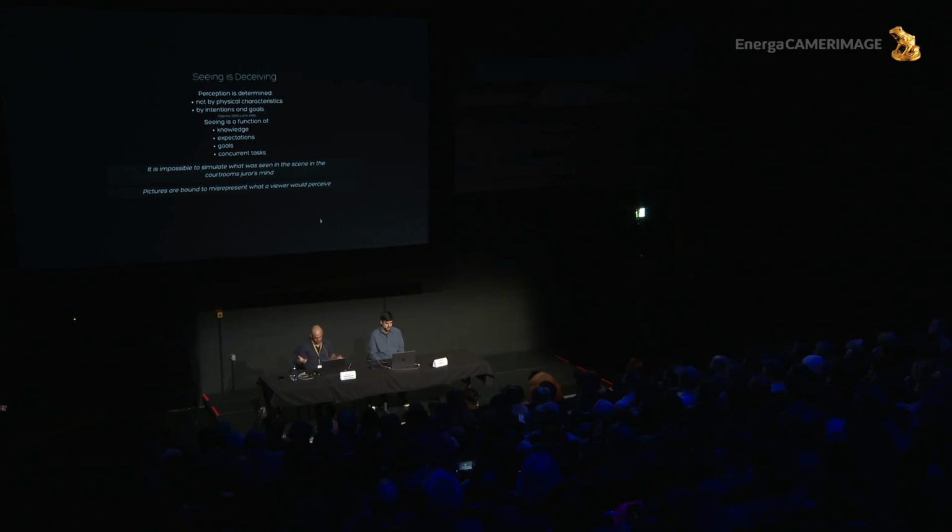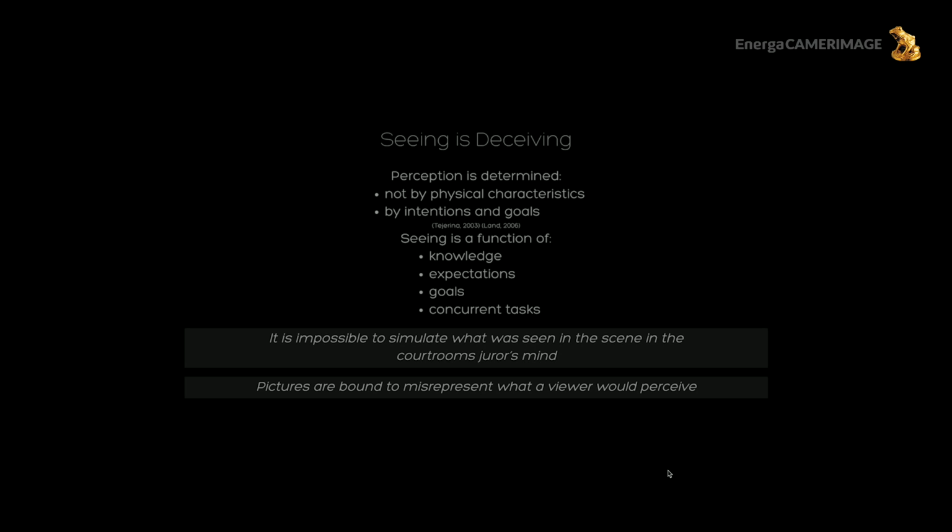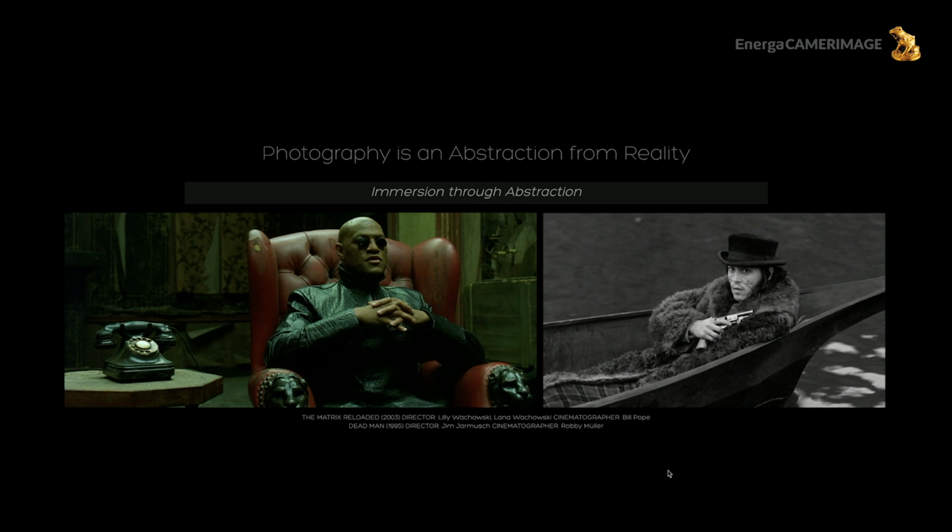So, going back to the courtroom situation, it's impossible to simulate in the jury's minds what was seen in an actual scene or crime scene. Pictures are bound to misrepresent what a viewer would perceive. So photography is an abstraction from reality.